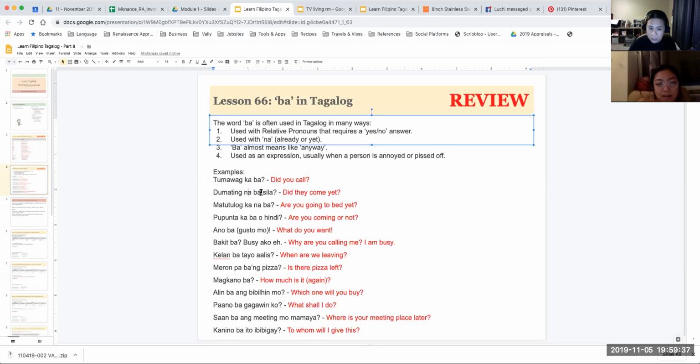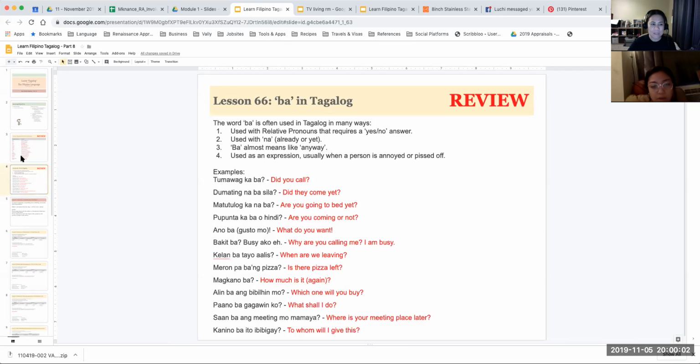And if you're using ba, like you're talking to a second person, matutulog ka na ba, you have to put the na after the ka. You cannot say matutulog na ka, because a pronoun must come first, especially if it's an ang case. You have to put that right after the verb. Okay, all right.